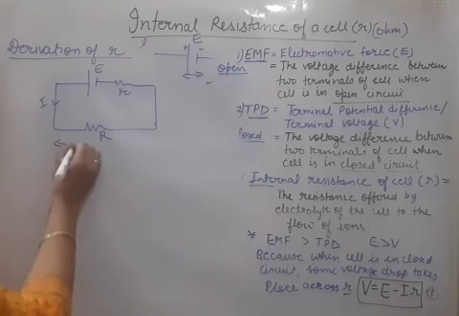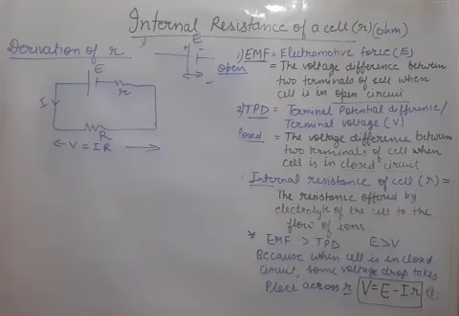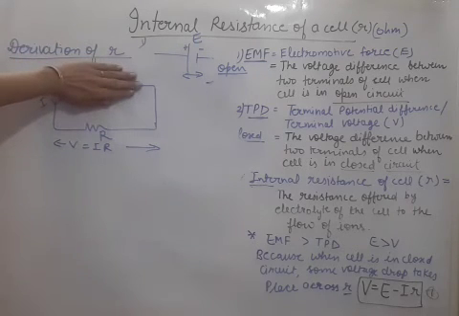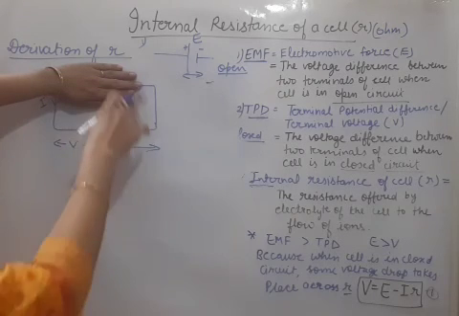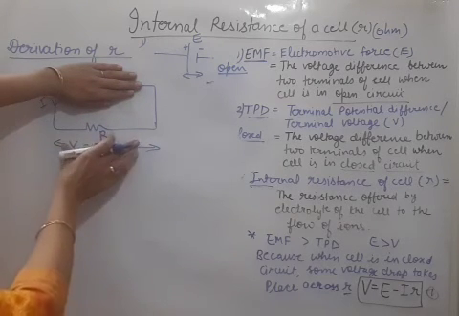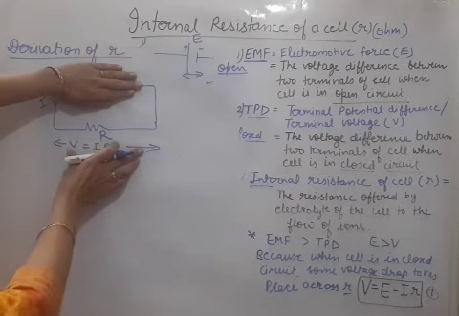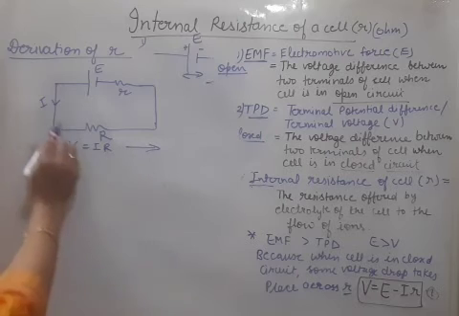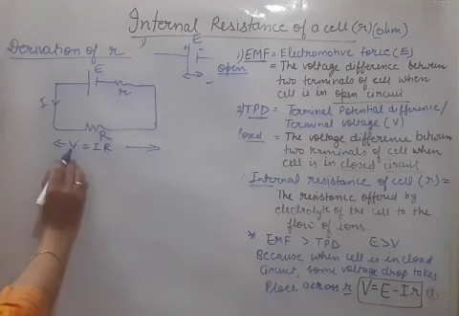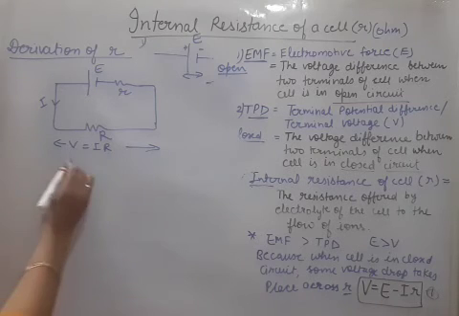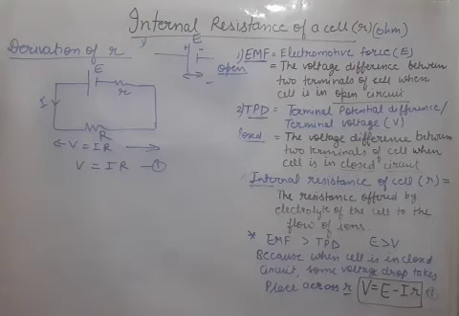So how much voltage or terminal voltage is available for external circuit? See, this portion is only cell, and cell is in the closed circuit because it is giving current. So this voltage which is available now, that we will call terminal voltage. And by Ohm's law, if I flows through R, then IR is the voltage, and this voltage we will call here terminal voltage. So first equation, which we have to use, is V equal to IR.